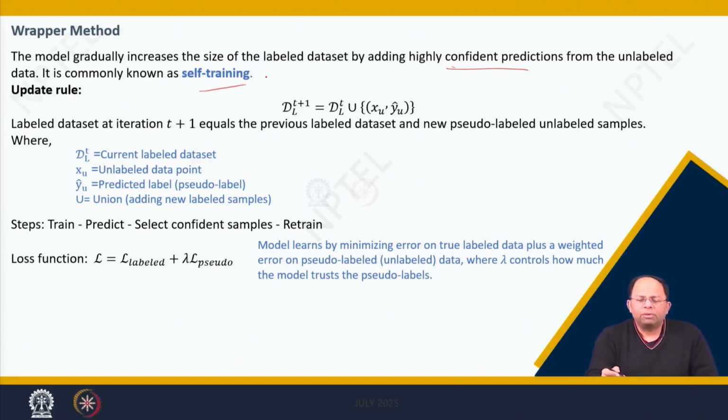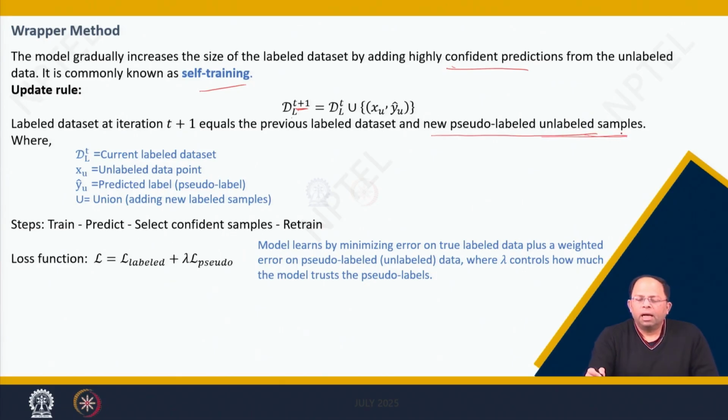So the update rule comes like this: the labeled data set at iteration T+1, D_L, equals the previous labeled data set D_L at time T, and the new pseudo-labeled unlabeled samples.